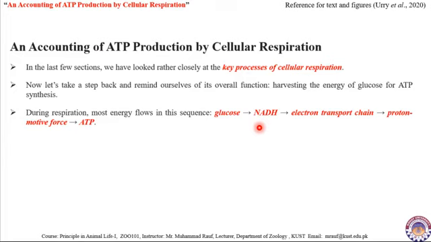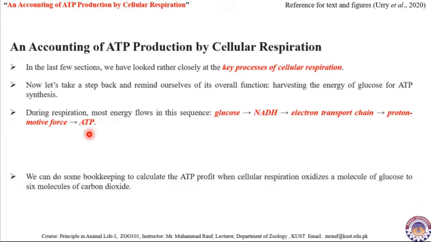These protons possess potential energy, and because of their concentration gradient they move back into the matrix again, through the ATP synthase channels, and in this way ATP is synthesized.